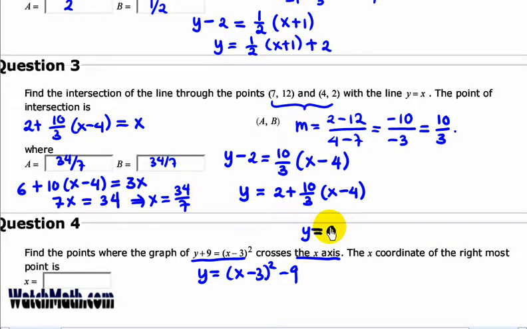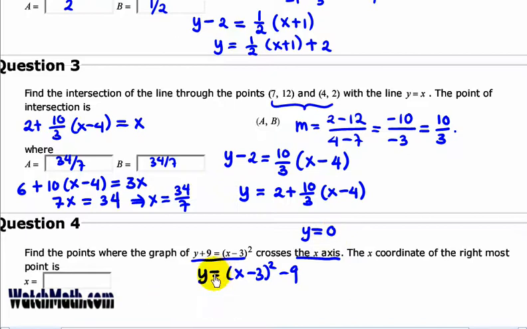Now we want to find for which x this y and that y are equal. So we want to find all x's that make (x minus 3) squared minus 9 equal to 0.